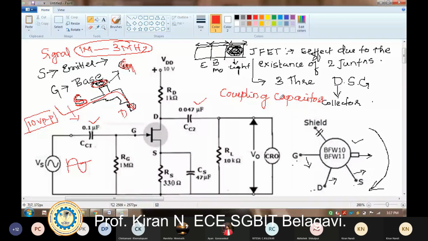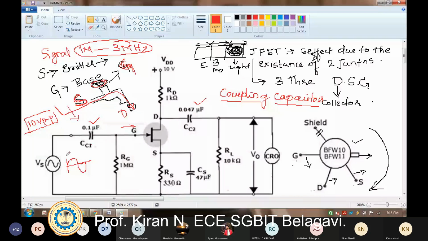The name itself tells you what it does: it is going to couple something. Couple means joining, connecting. Here the coupling capacitor CC1 is responsible for coupling this input to the base terminal, which means it is going to provide this input voltage to the gate terminal.